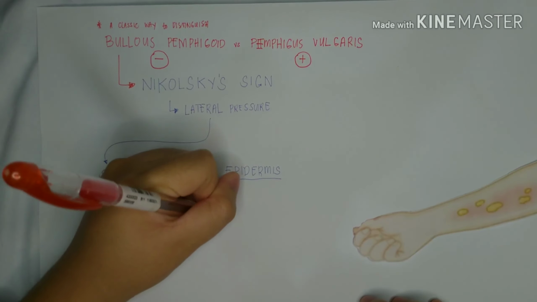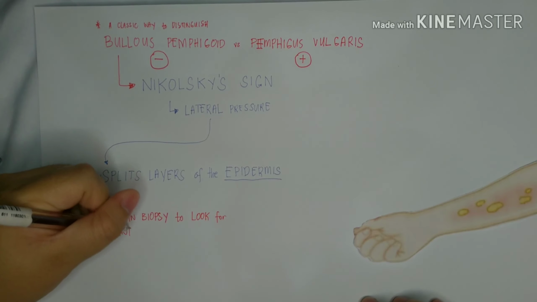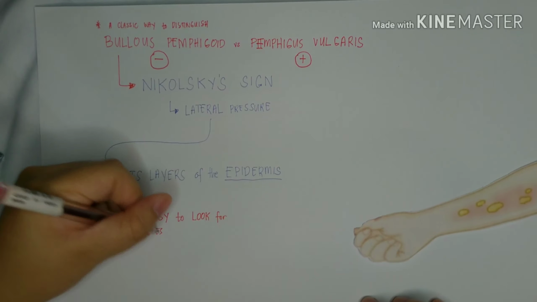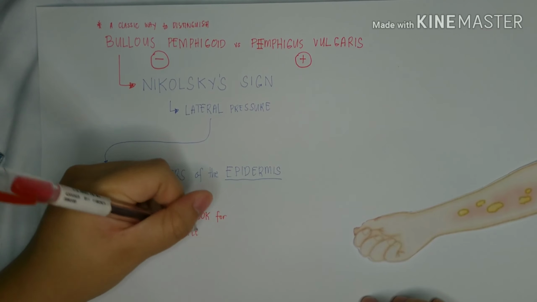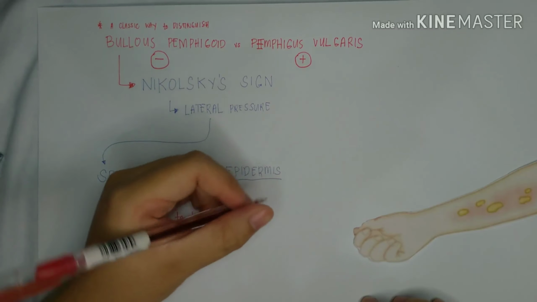In Bullous Pemphigoid, the skin doesn't split. Pemphigus vulgaris will have the Nikolsky sign, but Bullous Pemphigoid won't.